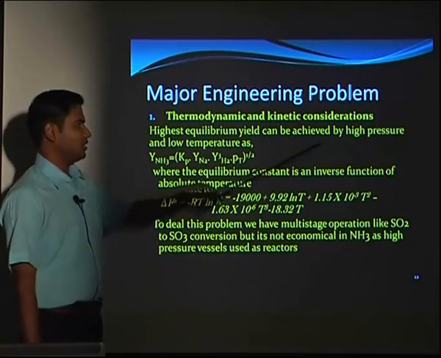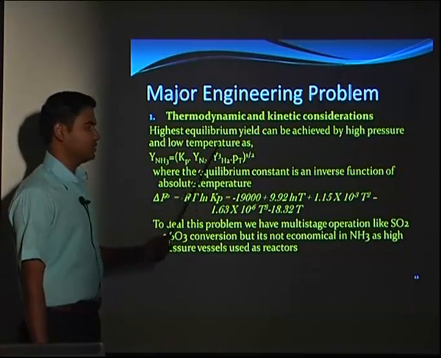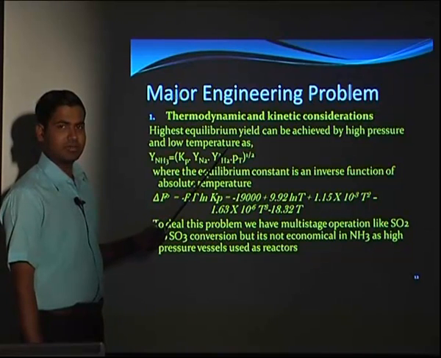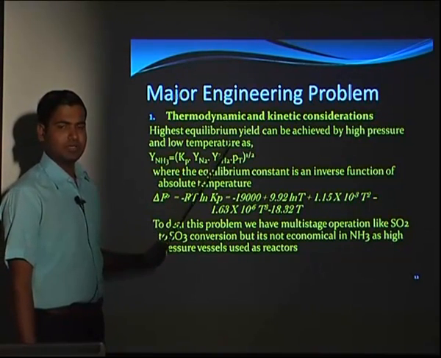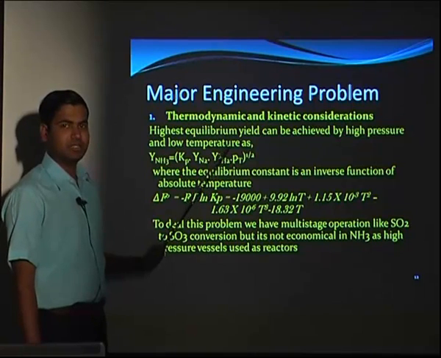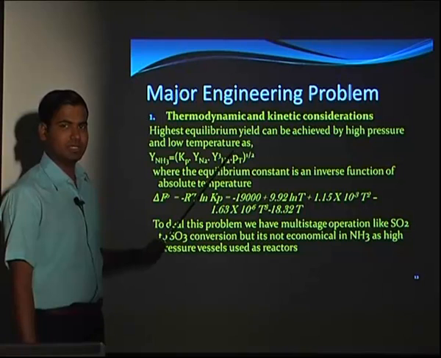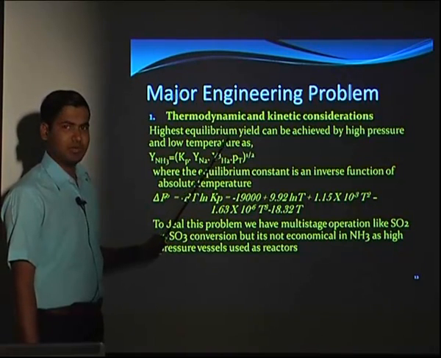So what can we do in order to achieve high pressure and low temperature? We have seen the sulfur trioxide conversion from SO2. There we have multi-stage heat absorbers or heat exchangers which were cooling the gases and again feeding them to the reaction. So what was happening over there?